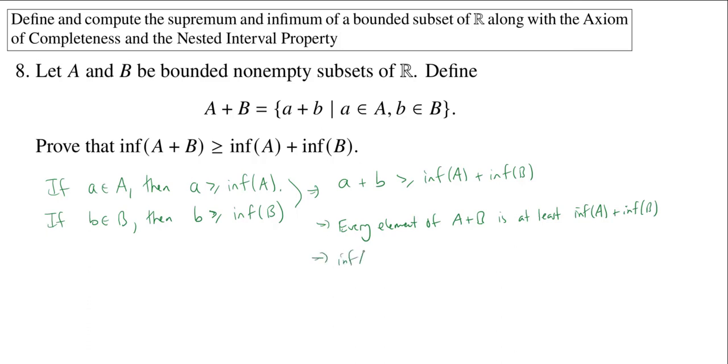So the infimum of A plus the infimum of B is a lower bound for A plus B. But we know that the infimum of a set is the greatest of all lower bounds, and so the infimum of A plus the infimum of B must be less than or equal to the greatest lower bound of A plus B. So the infimum of A plus the infimum of B is less than or equal to the greatest lower bound for A plus B, which is the infimum.